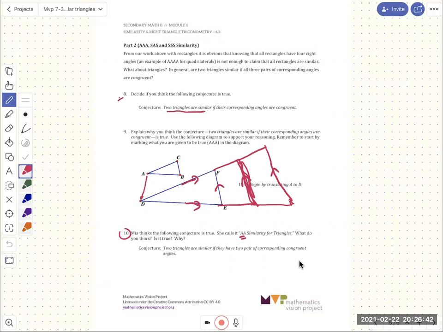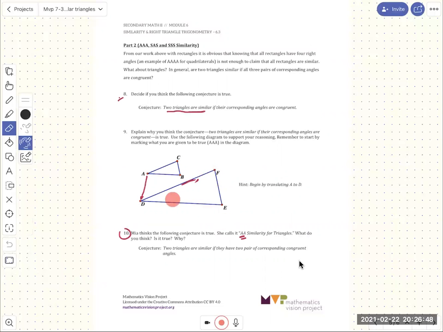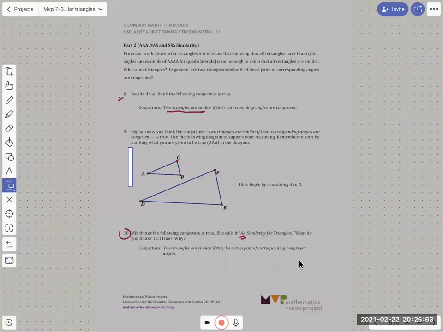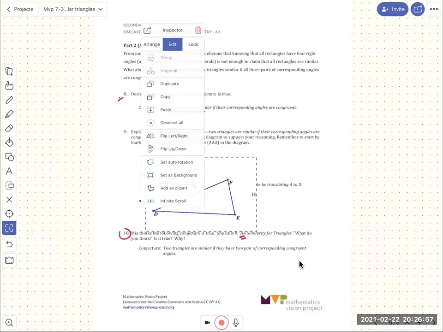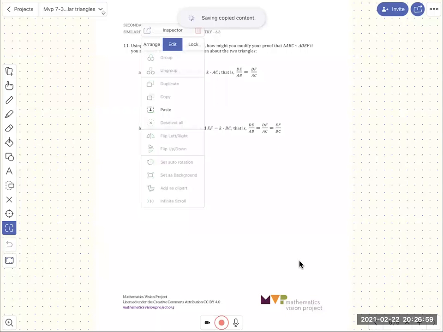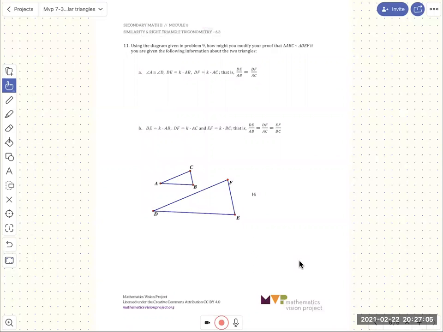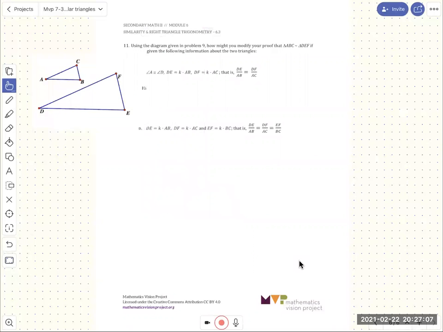I'll go in and erase what I did here. And we'll grab it, and we'll copy it. When we copy it, we just say copy, and we'll go to the next, and we say paste. Okay, so there we have it.